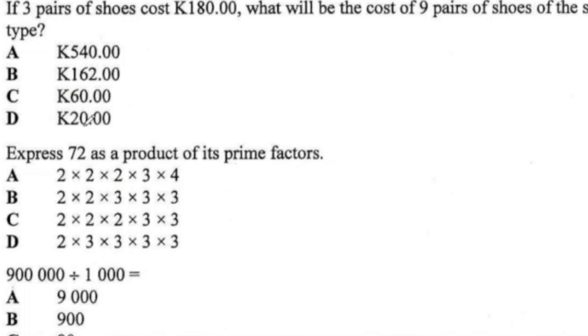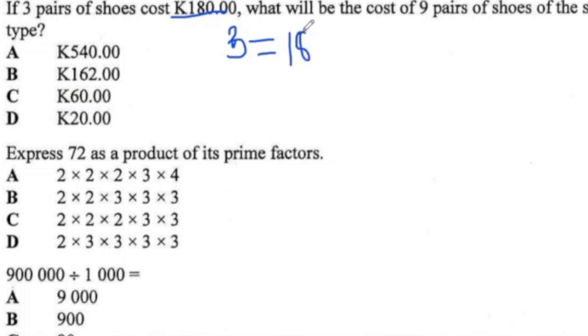What we're going to do is write this as direct proportion. During direct proportion, when the number of pairs of shoes increases, that means even the cost will increase.